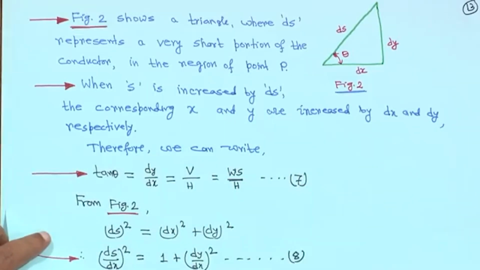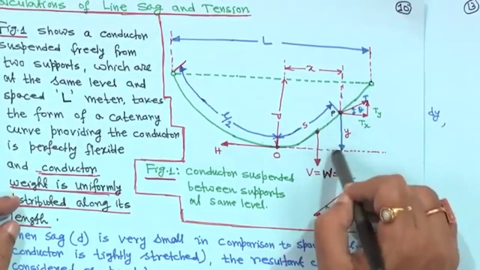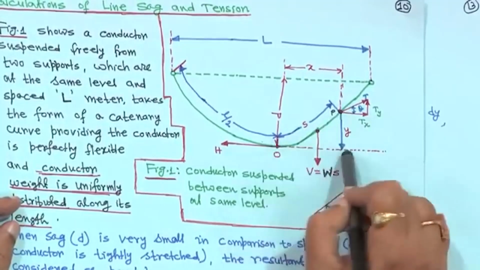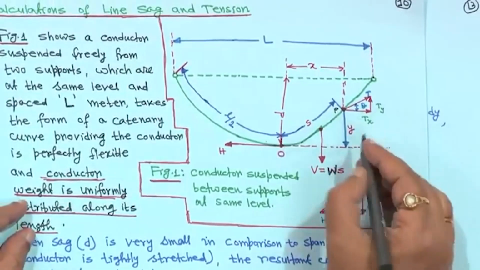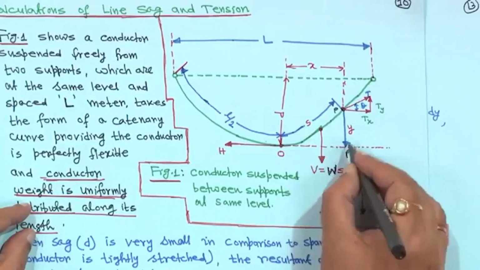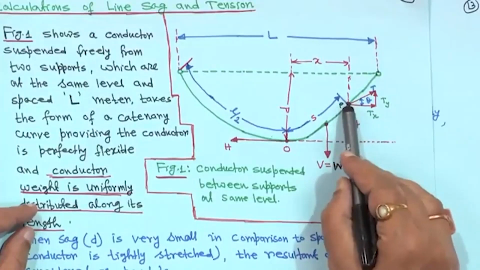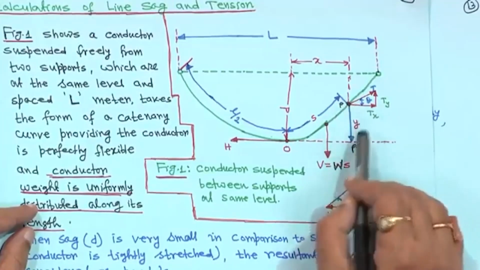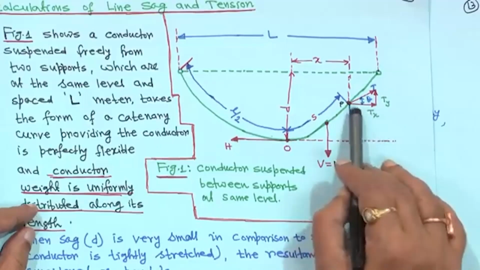From here to here the distance is y, and O to P, that is the horizontal one, I can make this P dash. So OP dash is equal to x and P dash P is equal to y. If we take a small distance ds, naturally the corresponding horizontal distance will be dx and the vertical one will be dy.